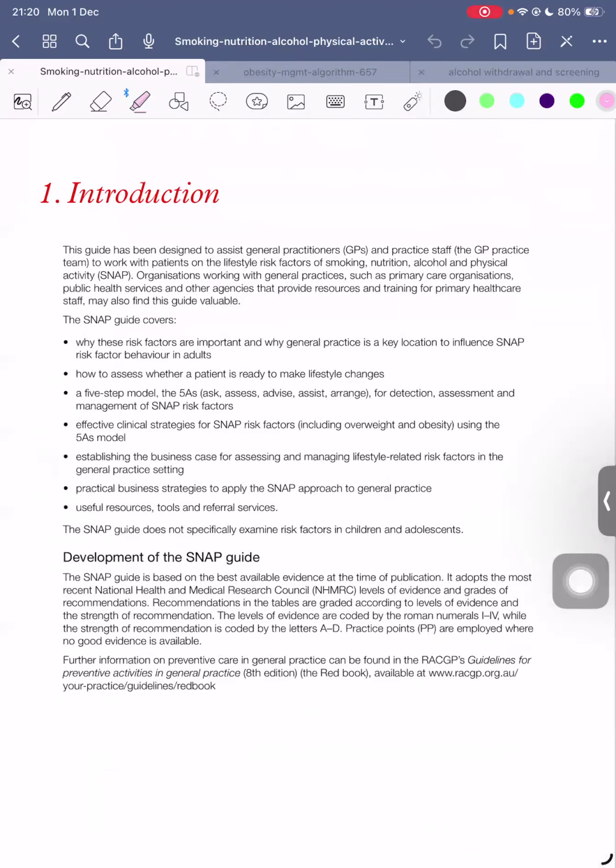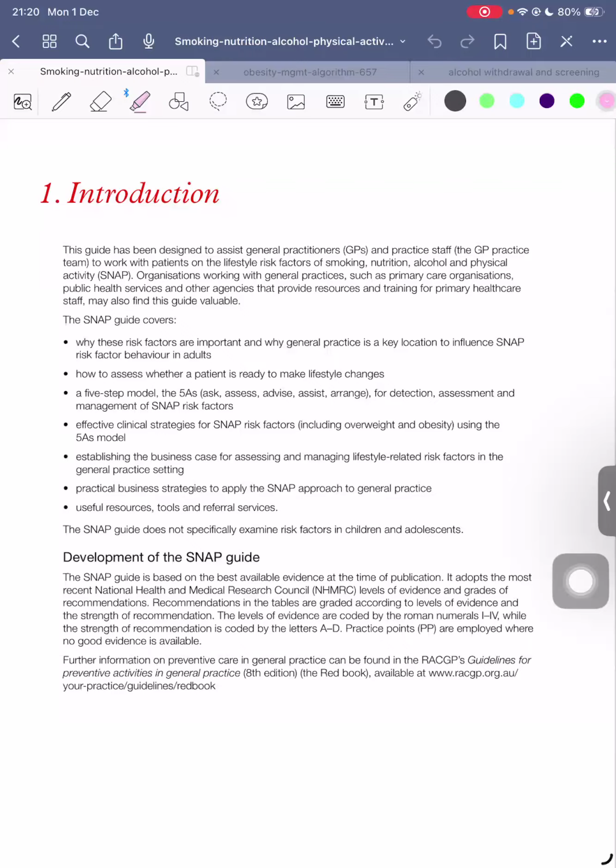So the purpose of the SNAP guideline is to prevent major chronic diseases by targeting the main behavioral risk factors, and to give a standard, practical 5-step framework for lifestyle counseling in general practice.